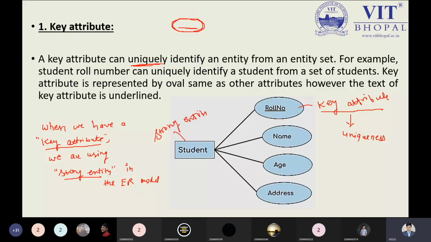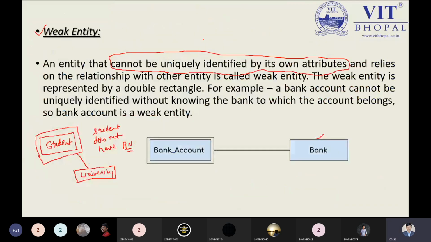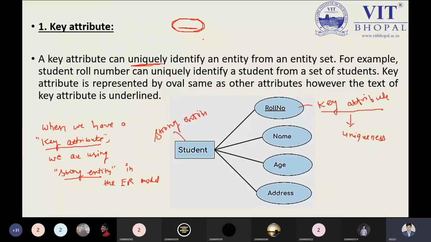This is the attribute name, and we underline it. In roll number you will see it is underlined. So let me explain: a key attribute is an attribute which is underlined inside the oval or ellipse. You will be able to see this is a key attribute. This is the symbol we have to use. Now is it clear to all right now?